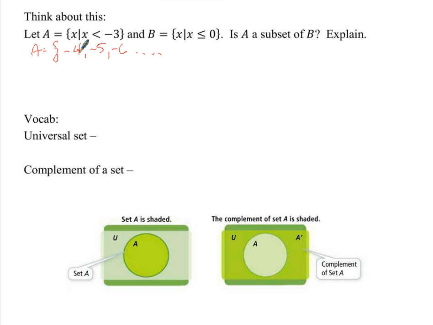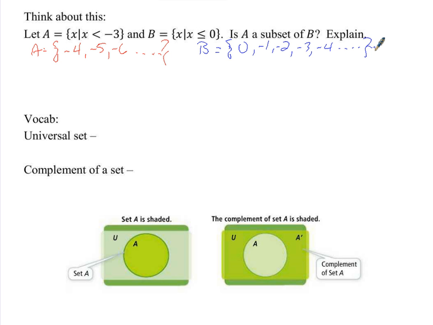And everything in between, like it could be negative 4.2, negative 5.1, things like that. For B, I'm going to write down the same stuff. B equals roster form, x values that are less than or equal to 0. So that would be like 0, and then less than is negative 1, negative 2, negative 3, negative 4, and so on.